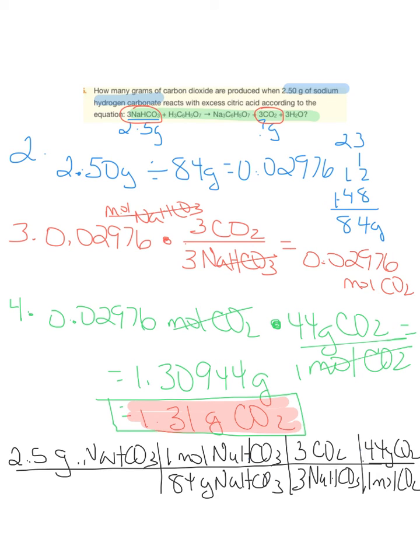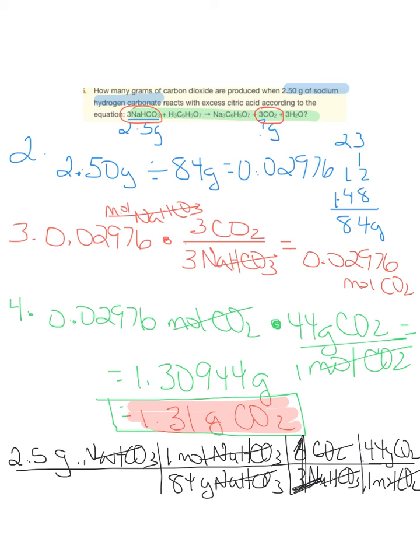When you plug that into your calculator, I would show that 3 over 3 cancels to a 1. All my units are canceling out: grams of sodium bicarbonate, moles of sodium bicarbonate, moles of CO2. I'm left with my grams of CO2, which is what I'm wanting.